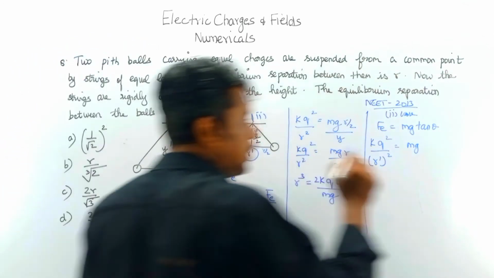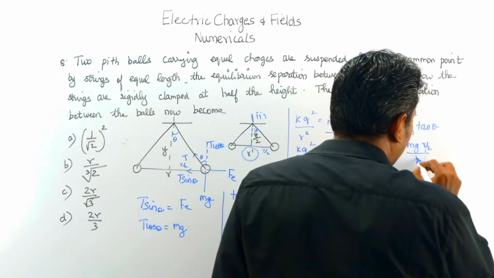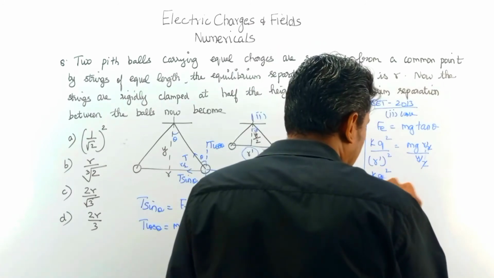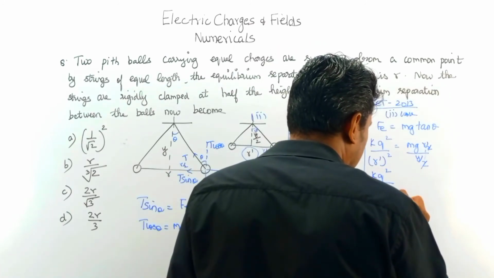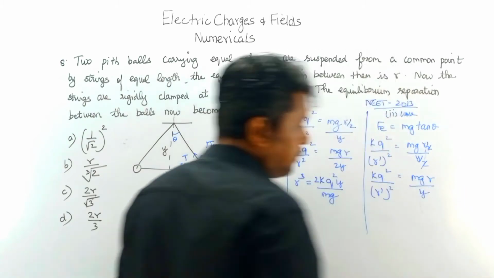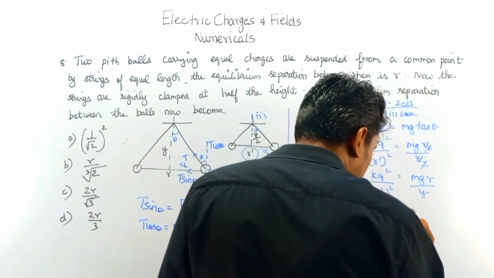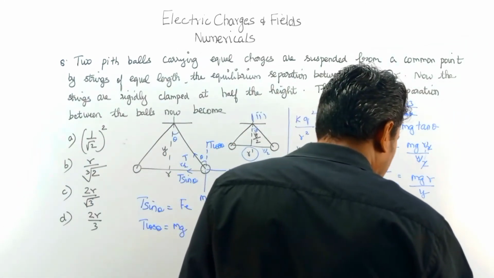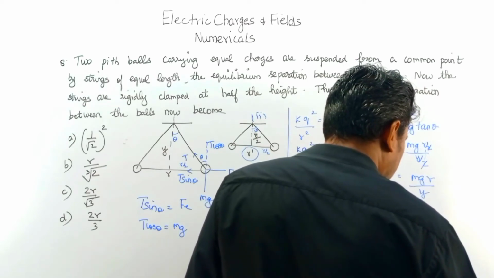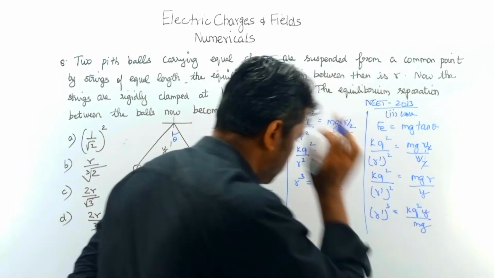That is the difference. So 2 and 2 will get cancelled. Here k q square by r dash square will be equal to mg r by y. So we are getting r dash cube as k q square y by mg.